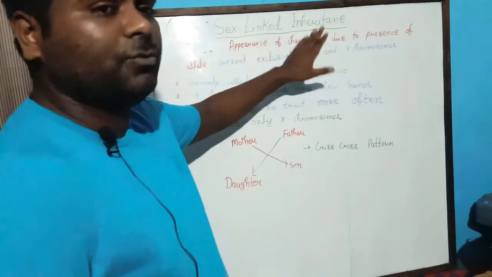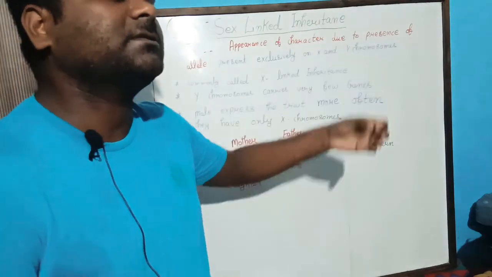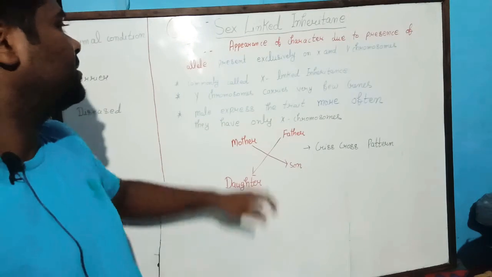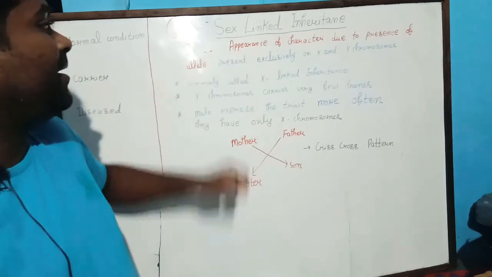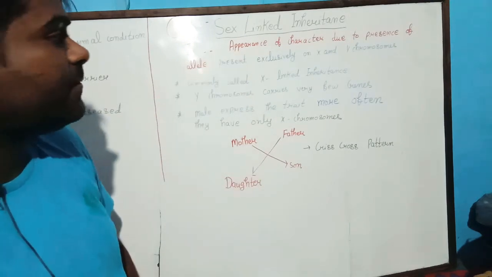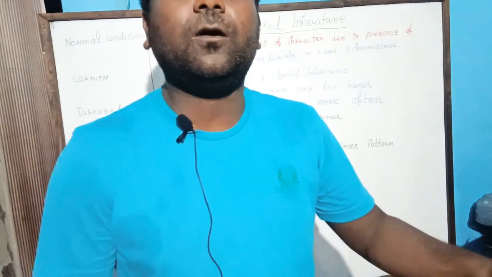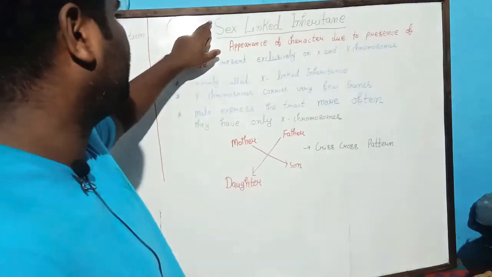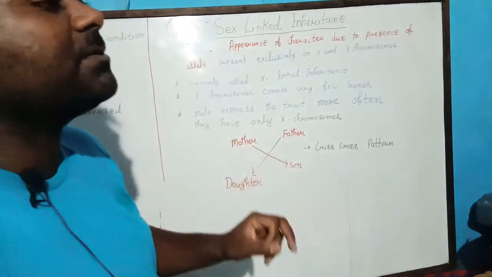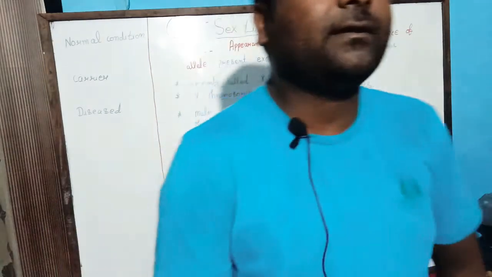You know this word, transmission of the characteristics. Whenever we have appearance of characters due to the presence of alleles which are present exclusively on X or Y chromosomes, it means these chromosomes are responsible for carrying the factors or alleles into the successive generation. So it may be good characters and it may be bad characters.